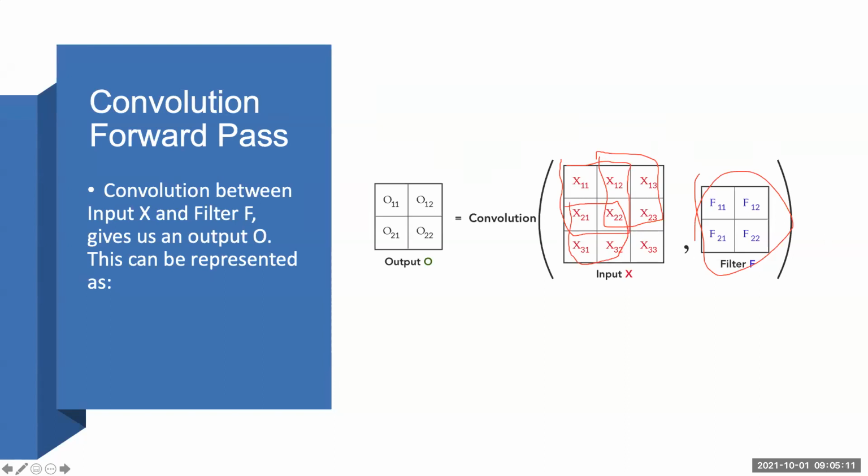So what happens when we place the filter on a section of the image?